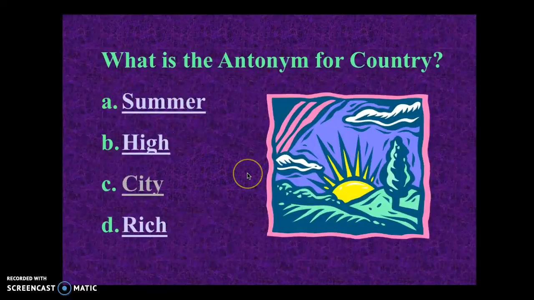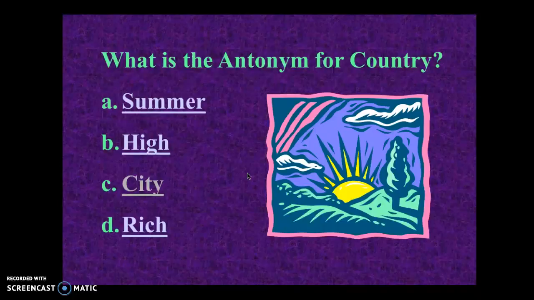So some quiz questions, some practice here. What is the antonym for country? So the answers are A, summer, B, high, C, city, and D, rich. So once again, I would have the students raise their hand and answer the questions. I would explain to them why the ones that are wrong are wrong, and why the one that is right is right. So summer would not be the opposite of country.